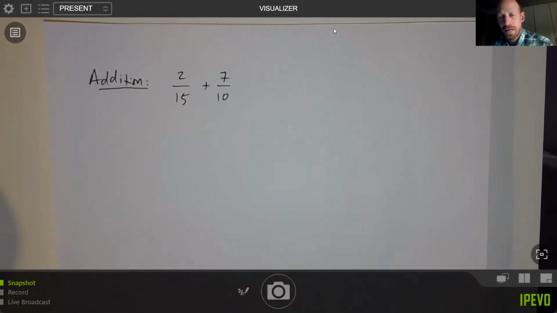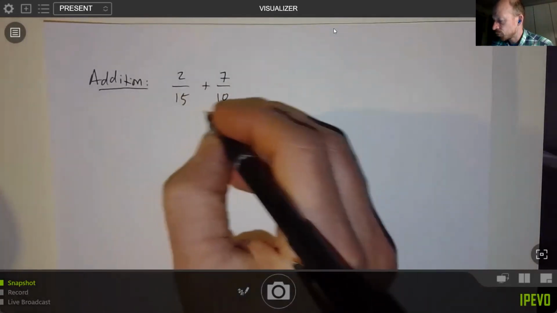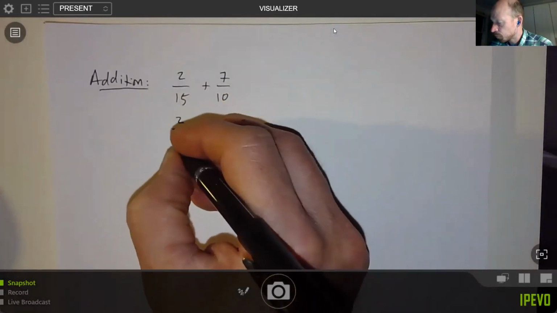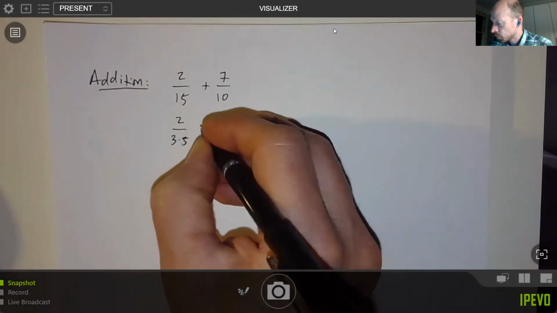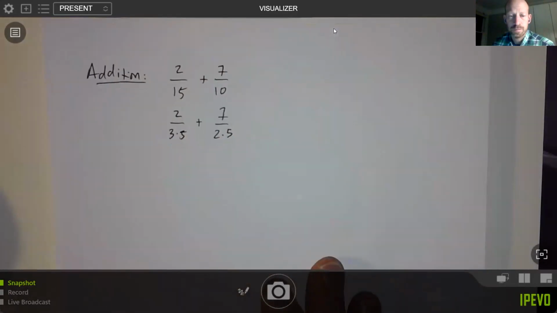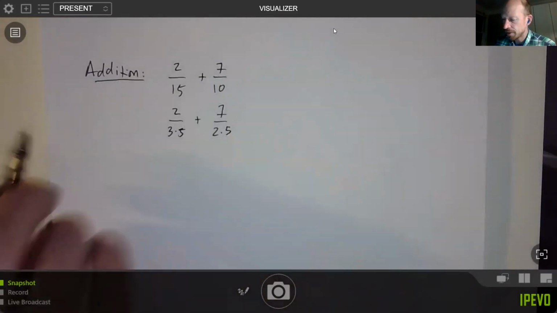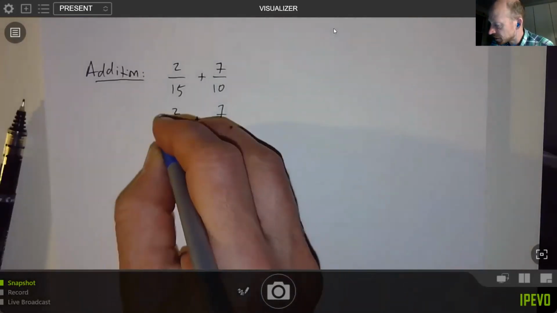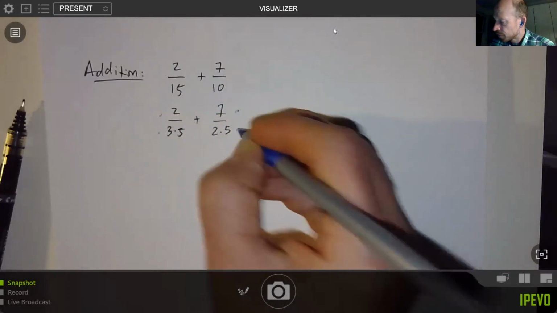And you may have different ways of figuring out common denominators that work great for numbers, and that's totally fine. What I like to do is factor the denominators. And then I like to bring in any missing factors.